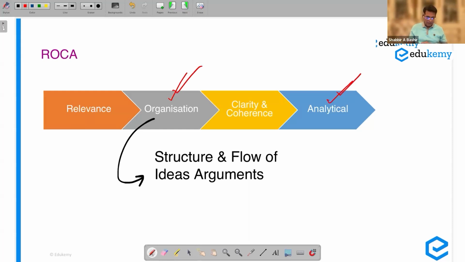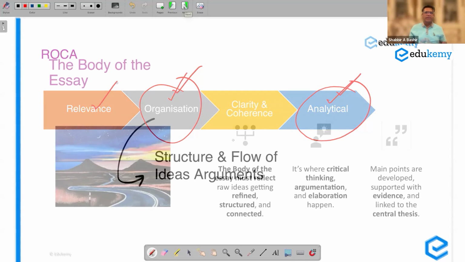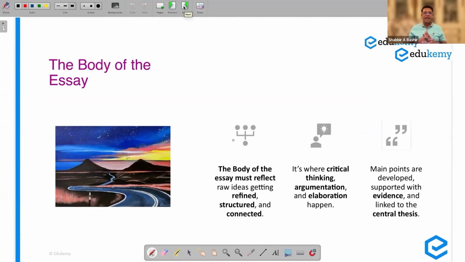So under the ROCA principle, the body must be able to organize the ideas well and also give deep insights into whatever you're writing. I'm assuming that the writing itself is relevant to the topic asked, with good language, clarity, and coherence. What does the body of the essay try to do? The body must reflect the ideas that you have in a very refined way, and the ideas must also exhibit your critical thinking.